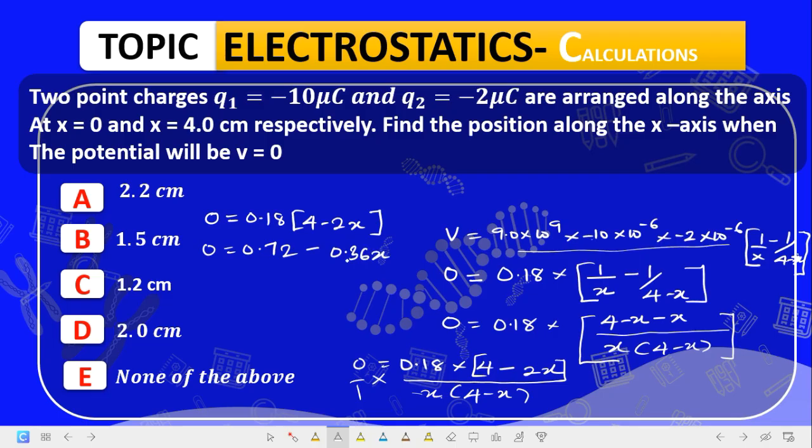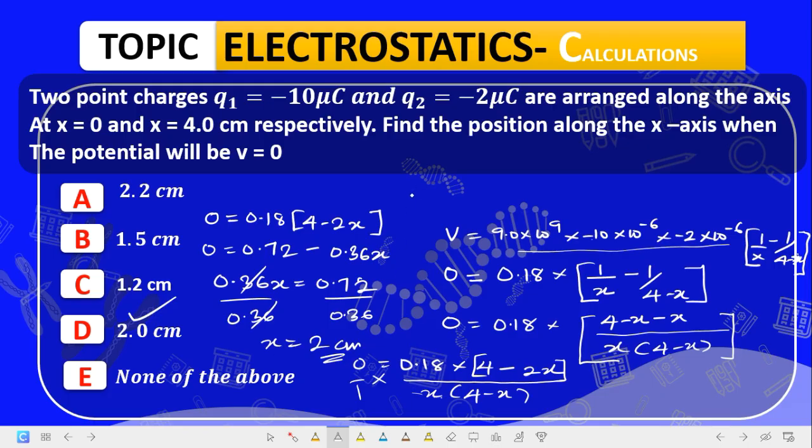So to make x the subject of the formula, take x to this side, it becomes 0.36x, because when this one crosses to this side it becomes positive, equals 0.72. To get x, divide both sides by 0.36, and your x is equal to 2 centimeters. So the point at which the potential difference, or the potential, will be 0 is at 2 centimeters, and that is the answer to that question.